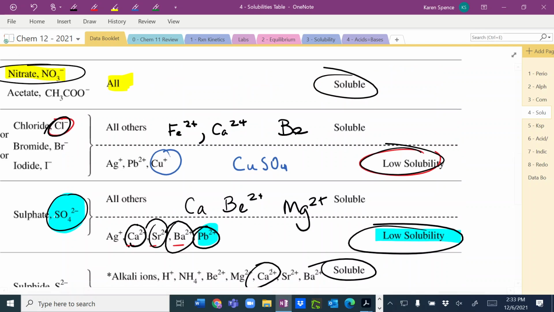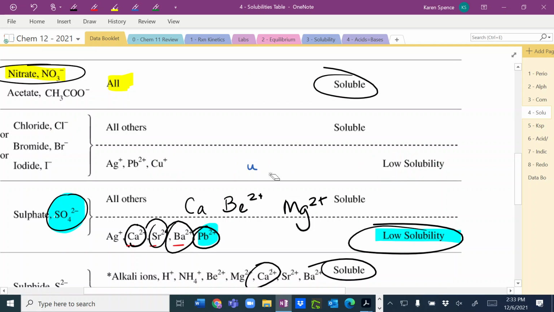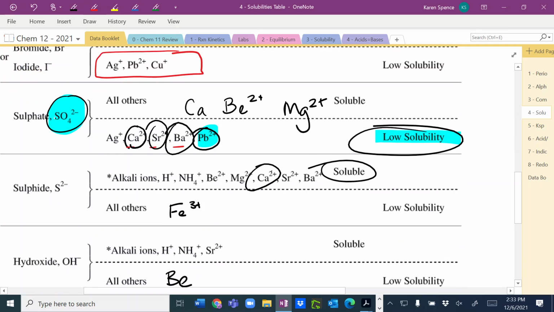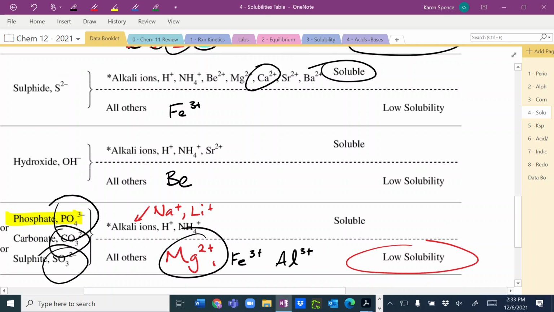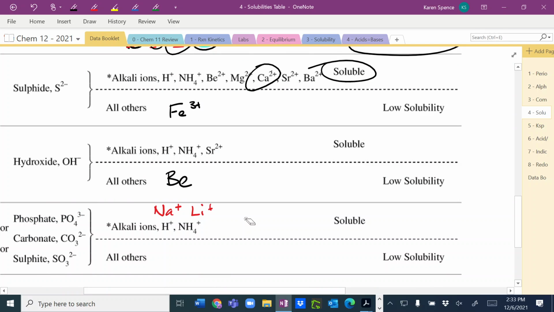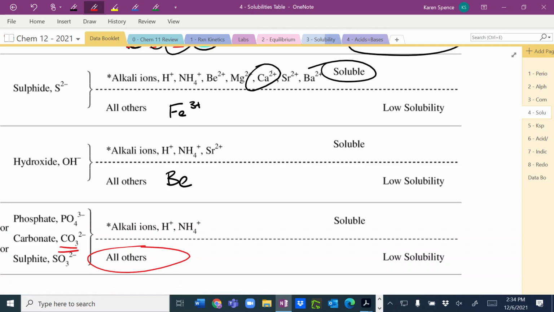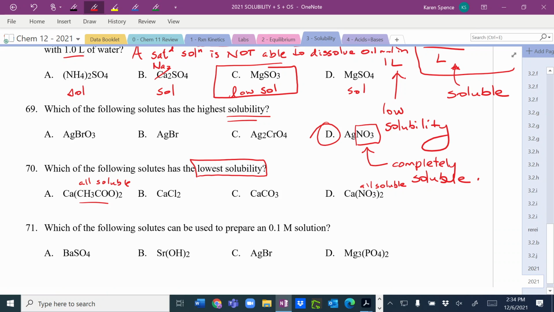But you can also remember that most chlorides are soluble. There's only a very few things that chlorides are low solubility with, whereas carbonate down at the bottom of the table is low solubility with most stuff. Yes? So carbonate is going to be the least soluble. So calcium carbonate is the lowest solubility.